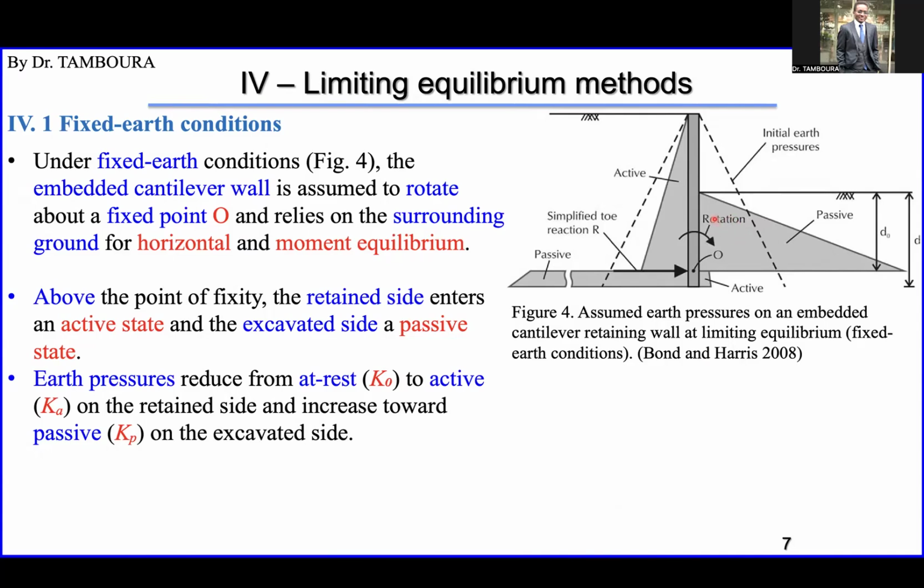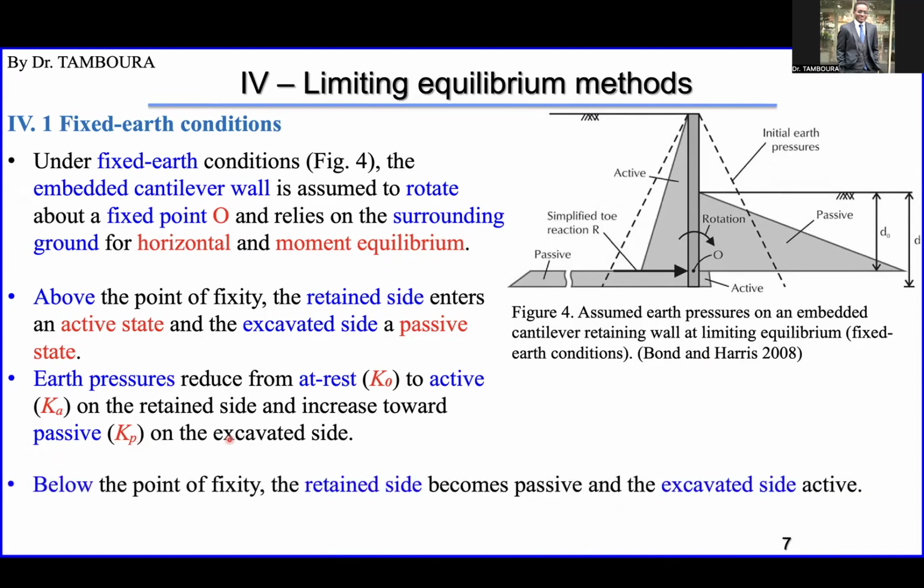It will make the soil denser, compact. That's why the passive earth pressure coefficient Kp is higher than K naught or Ka. So we have Ka less than K naught, which is also less than Kp.